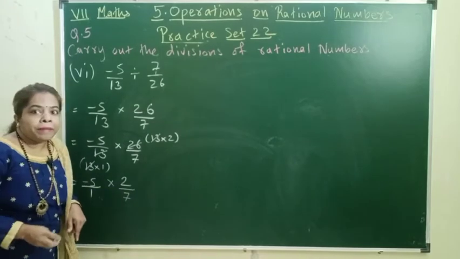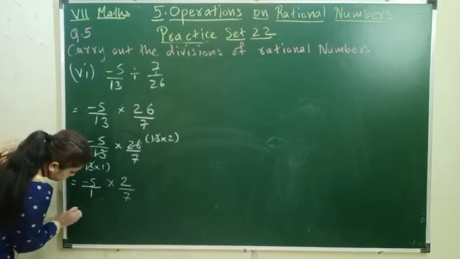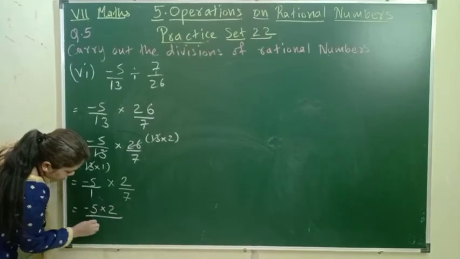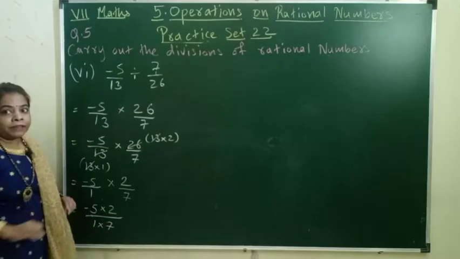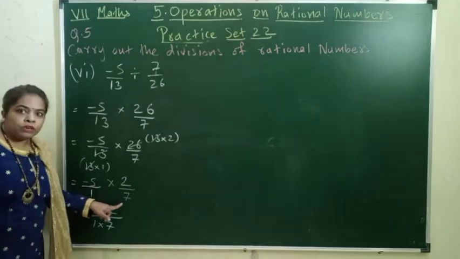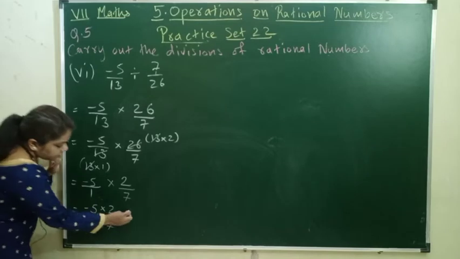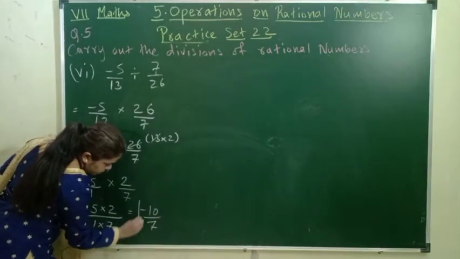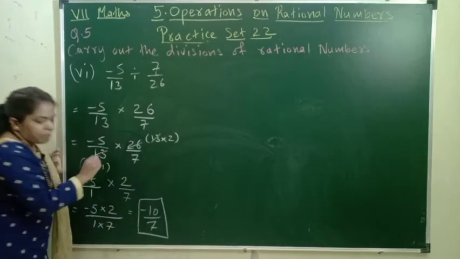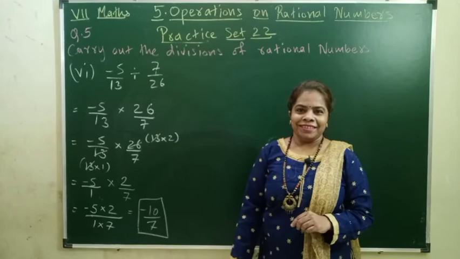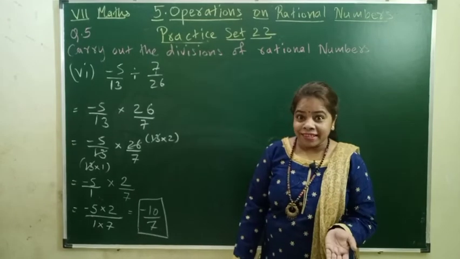We'll multiply them and finish off with the sum. See, minus 5 into 2 upon 1 into 7. Minus 10 upon 7 is your answer. Finished.